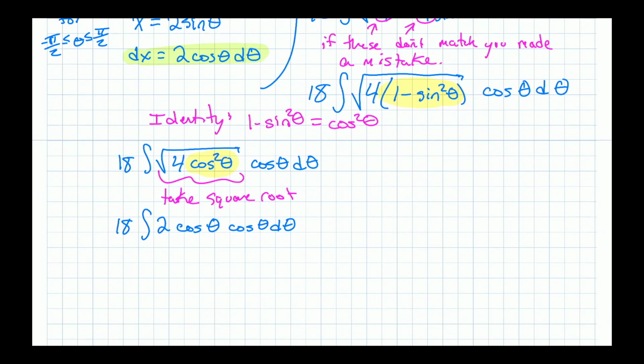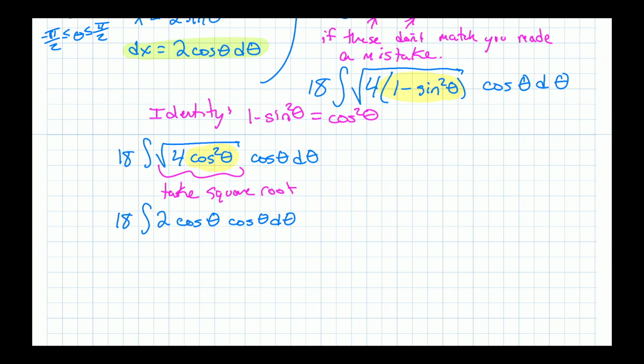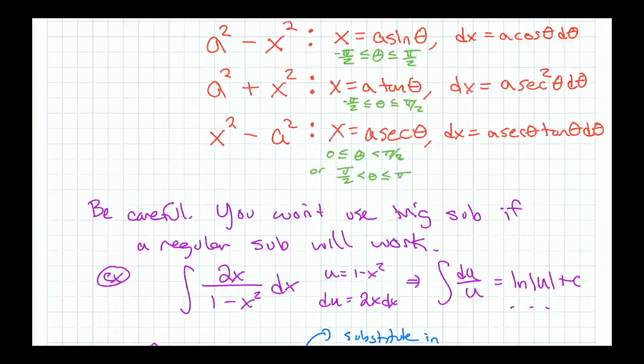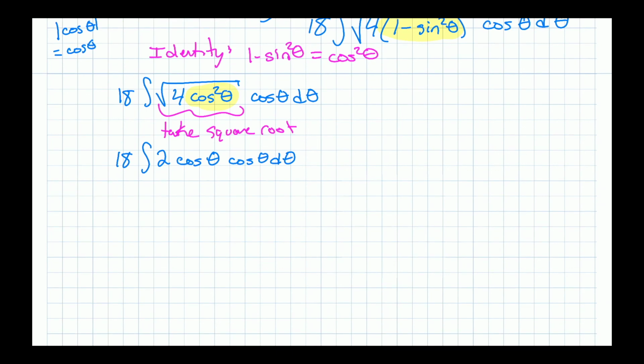And then when you do this step, the absolute value of cosine theta is just cosine theta because on the unit circle, we're in this section over here. So it was just set up so it works. And that's why it doesn't really matter if you write it; you don't have to write every last detail.